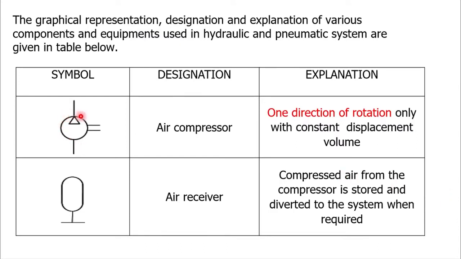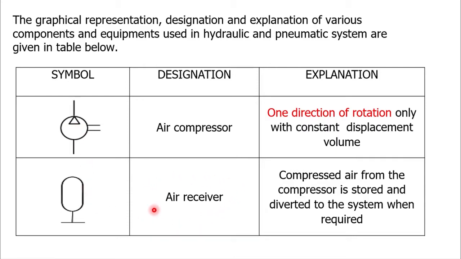We are using a circle with a triangle to designate the air compressor. The triangle is not filled in. In a hydraulic circuit, we use the hydraulic pump with a filled-in triangle. Here the two parallel lines indicate the constant displacement volume.